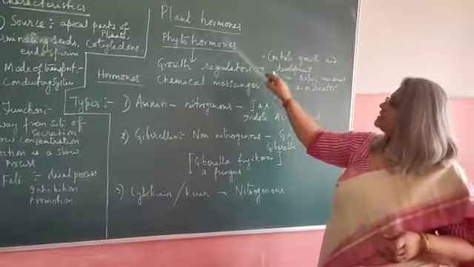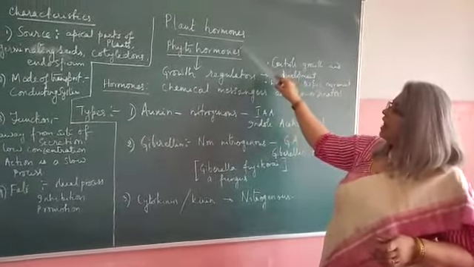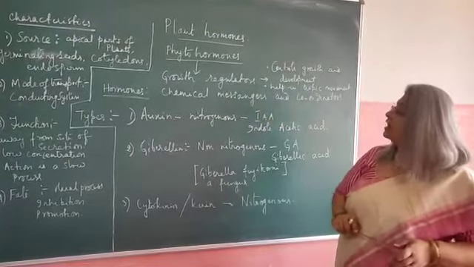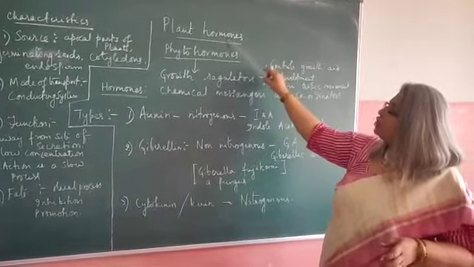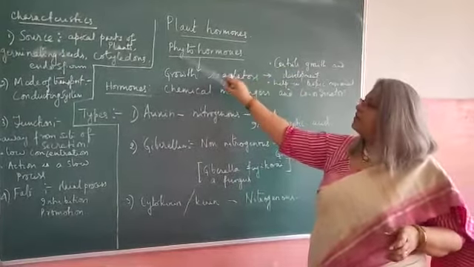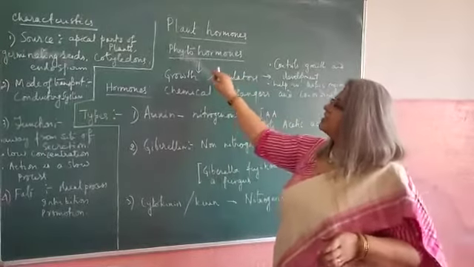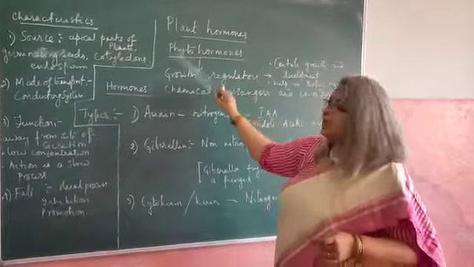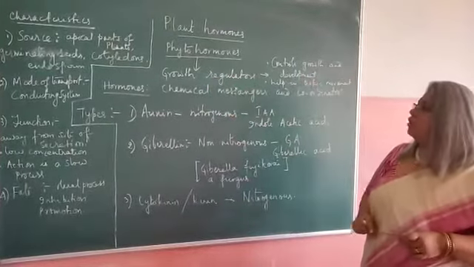Basically, these plant hormones are termed growth regulators. Another way we can call plant hormones is phytohormones. Why phyto? Because phyto is the term given to plants. So the plant hormones are named phytohormones.